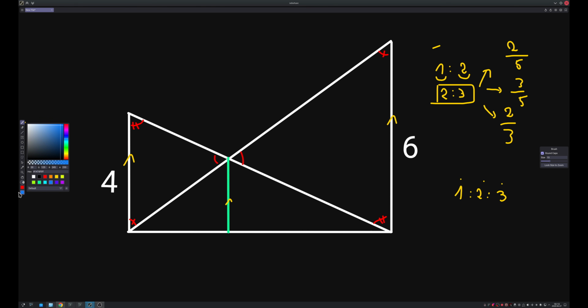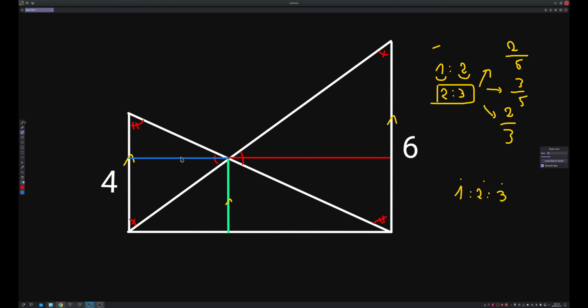Okay, if I take this line, it has some length I don't know. I will draw the other one, and we have this line.